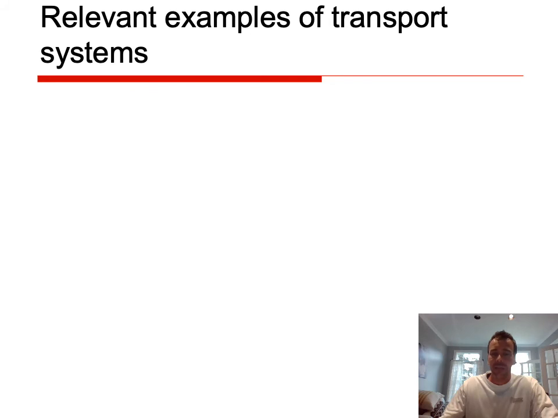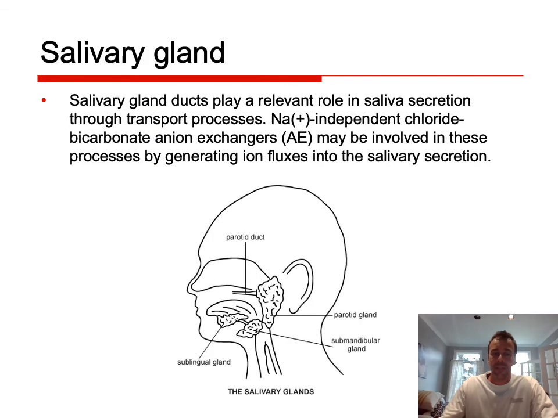Just going to end with some examples of transport systems. Your salivary gland duct actually has transport systems. It plays a role in saliva secretion through these transport processes. So there are sodium-independent chloride-bicarbonate anion exchangers that are involved in these processes. They generate ion fluxes in the salivary secretion.